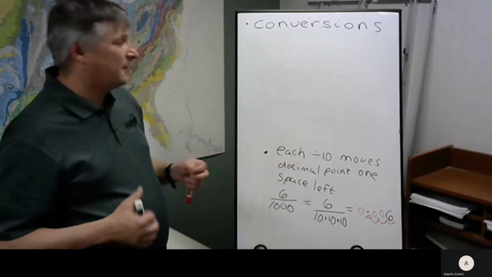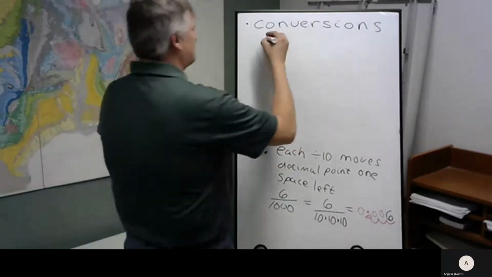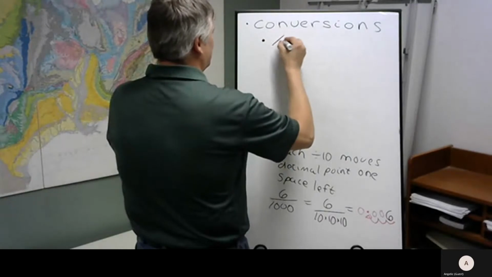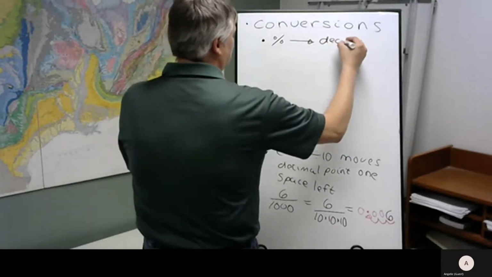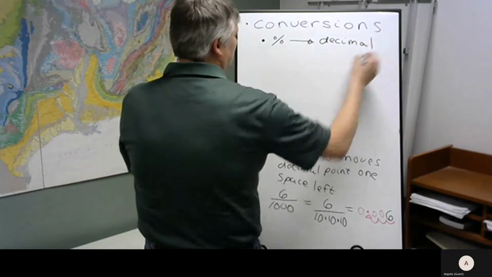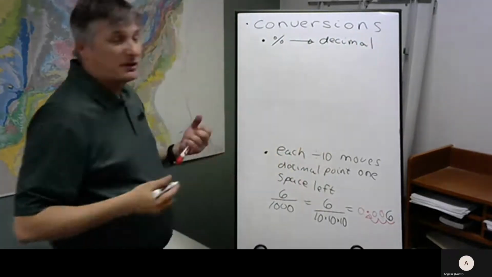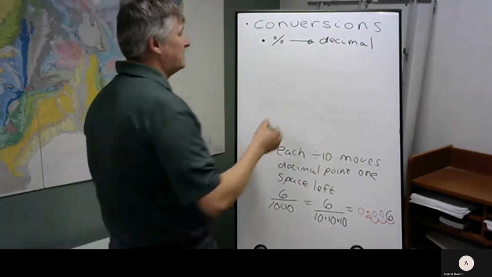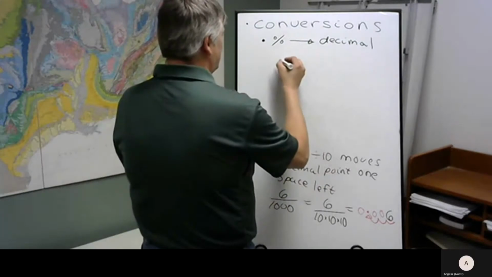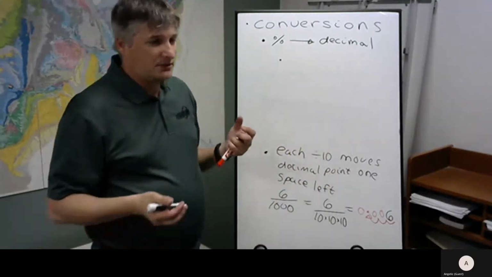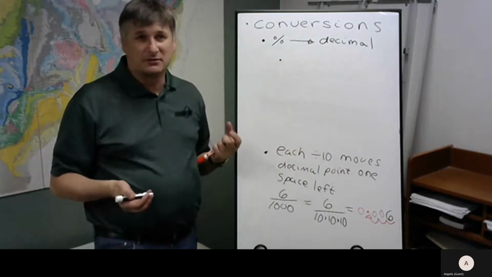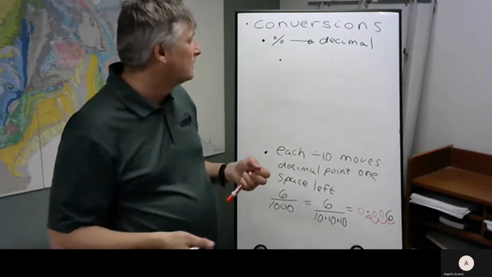So one of the things we're going to look at, percent to decimal. And if we recall what a percent is, it's just a fraction over 100. Now 100 is 10 squared. There's 2 10s multiplied together in 100.